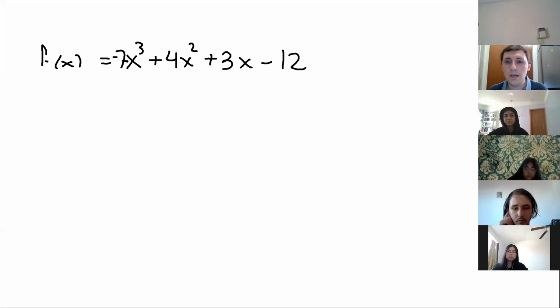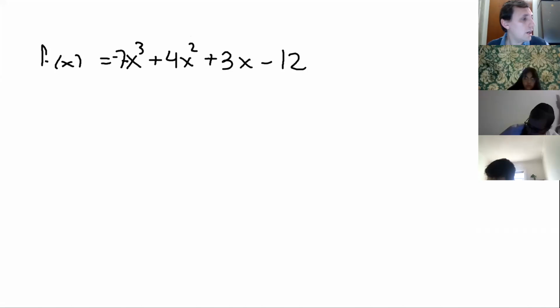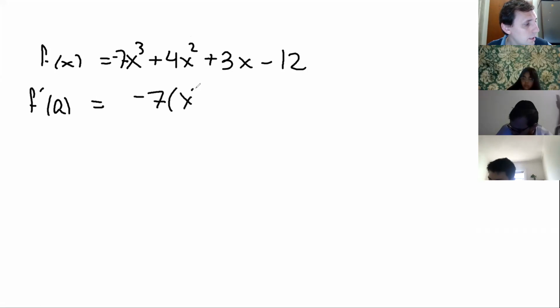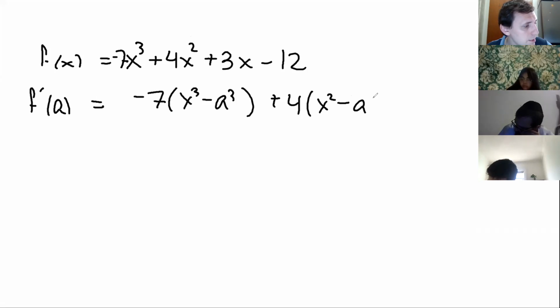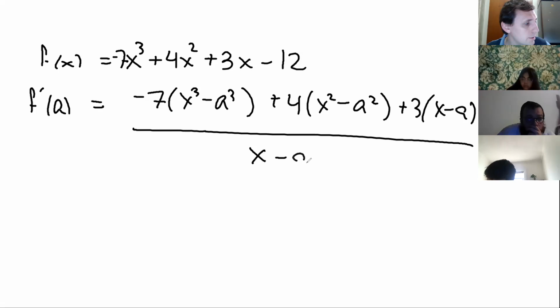Yes? So if I did the derivative, I could right away, using this procedure, write the derivative at a as: minus 7 times x cubed minus a cubed, plus 4 times x squared minus a squared, plus 3 times x minus a, divided by x minus a. I can right away write that step.